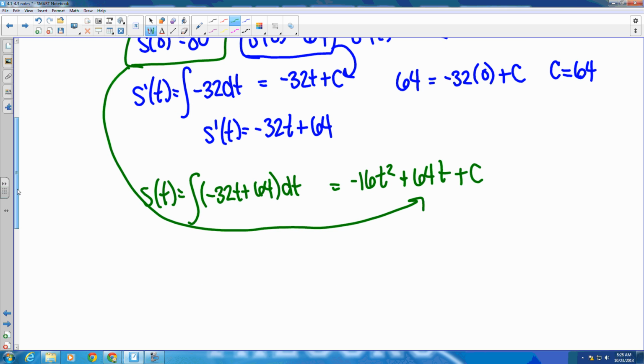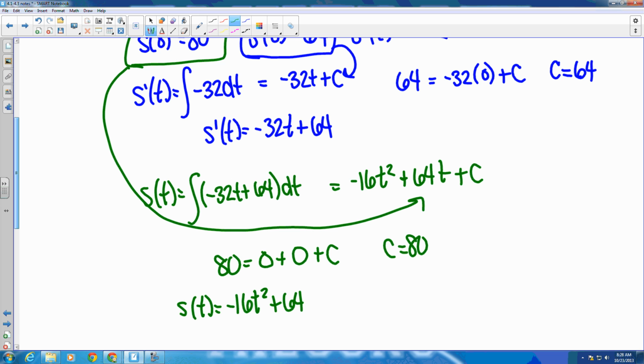We're going to put the whole function equal to 80 and put 0 in for all the t's. So c equals 80. And our position function, which is part A, is negative 16t squared plus 64t plus 80.